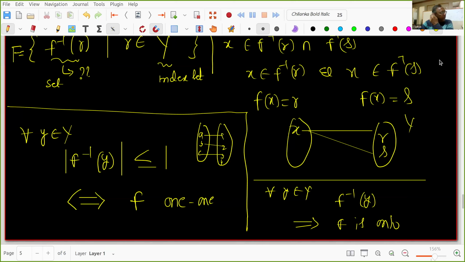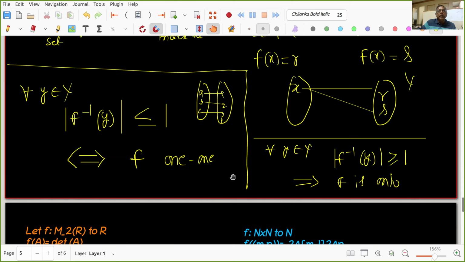Harshita, go ahead. Yes, sir. For all y belongs to capital Y, the cardinality of f inverse of y is greater than or equal to 1. Good. So if it is 1-1, then this one.